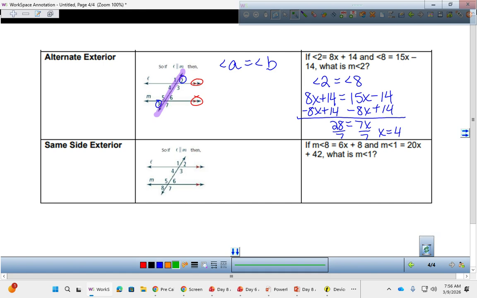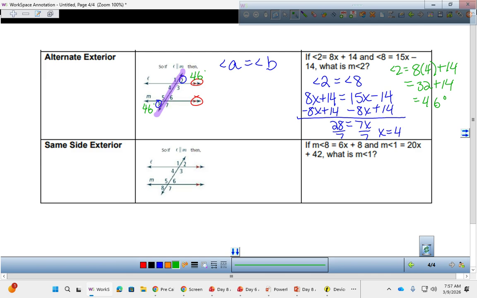So I'm going to have to do 8 times 4 plus 14. So the measure of angle 2 is 46 degrees. So if angle 2 is 46 degrees, so is angle 8, and I don't even need to do any work because alternate exterior angles are equal.